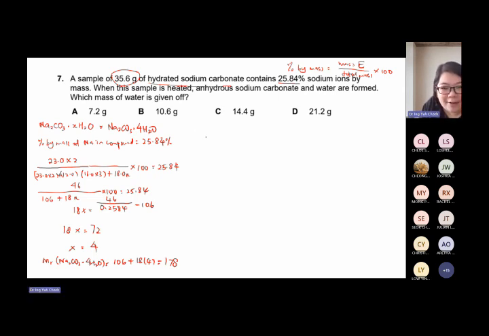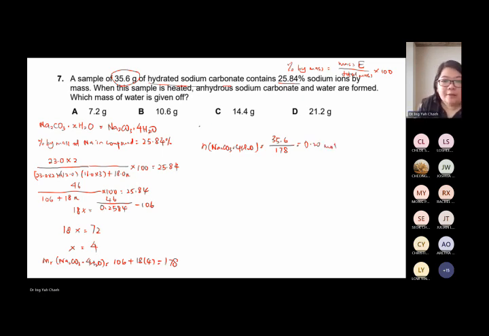And then now I can find the number of moles of the hydrated solid. 35.6 divided by 178 would be 0.2 mole.